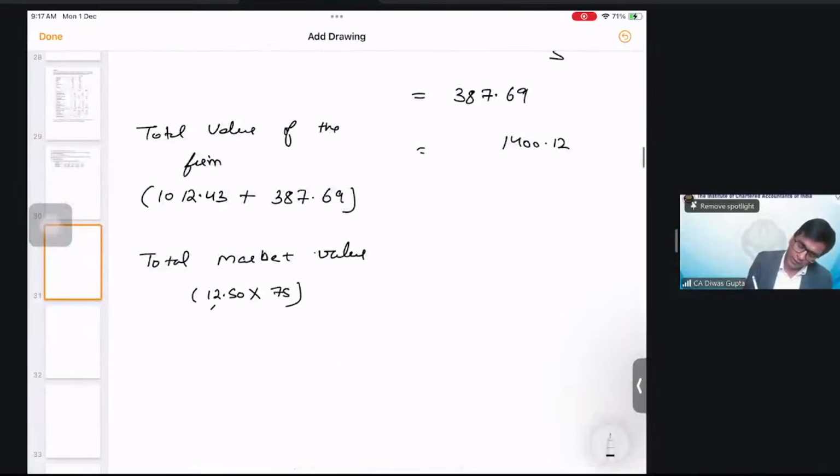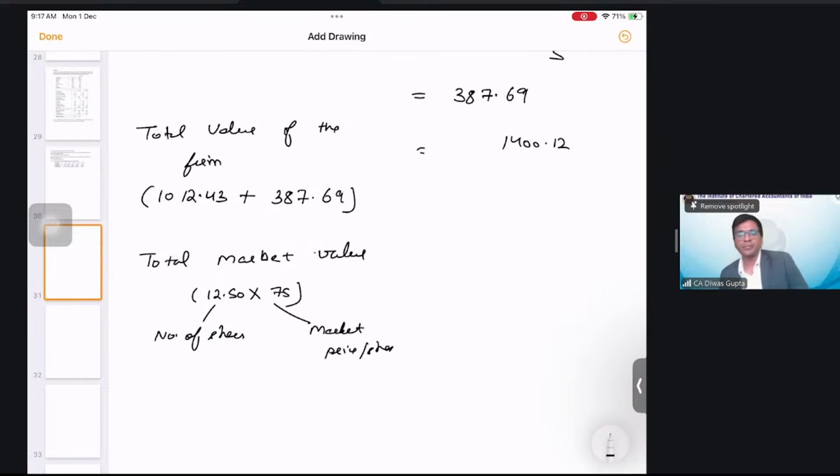Okay, so these are number of shares and this is market price per share. Clear, students? So 12.5 into 75 is the total market value, which is 937.50.